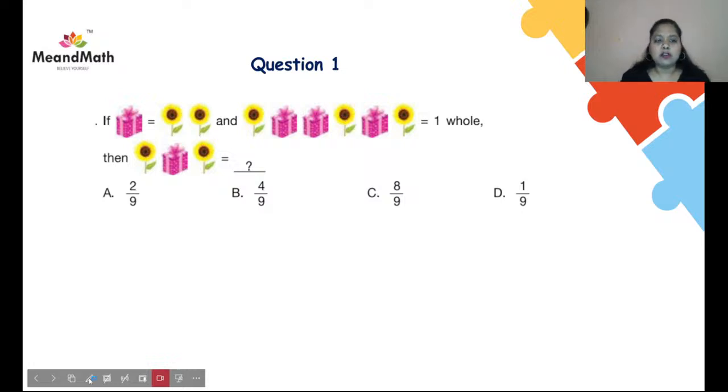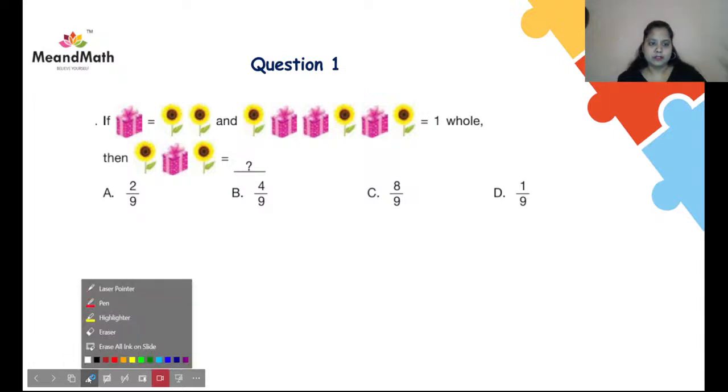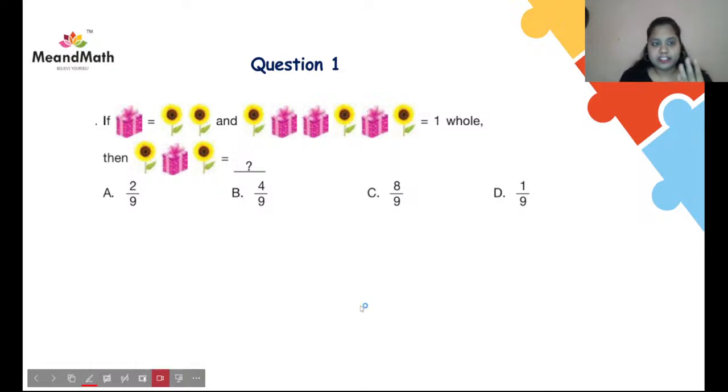So here, why don't we just convert everything in terms of sunflowers? We'll find everything of one sunflower, one gift box, and then again the sunflower in terms of the shaded part. So usually if it is in fractions, how do we write?